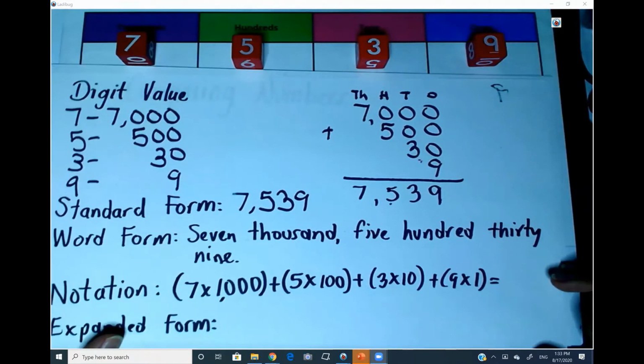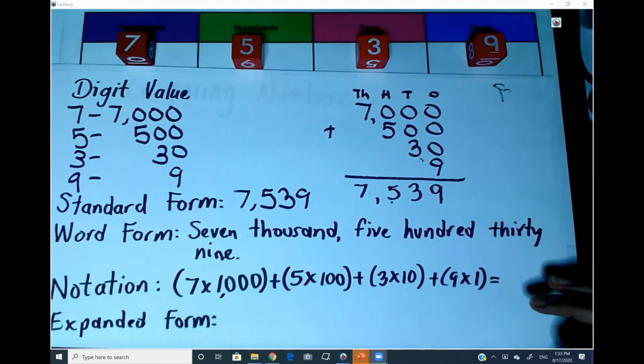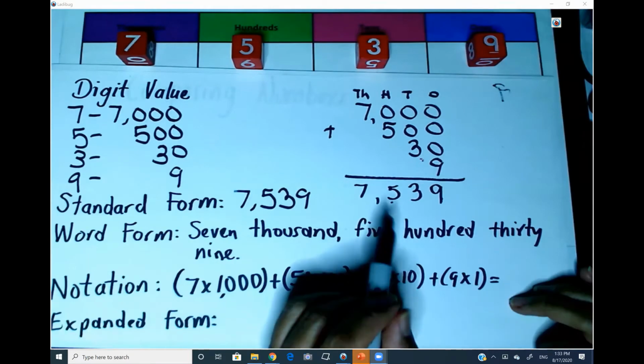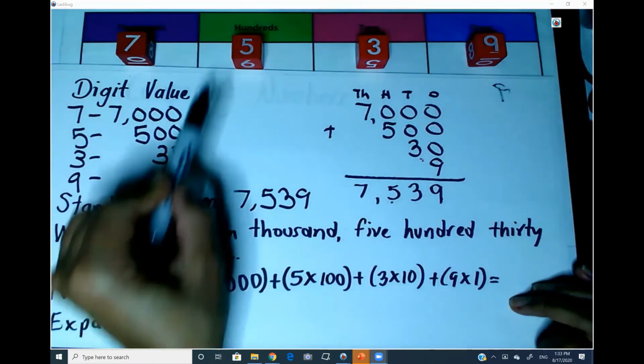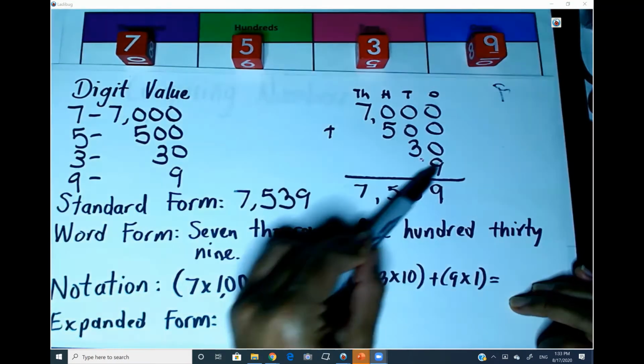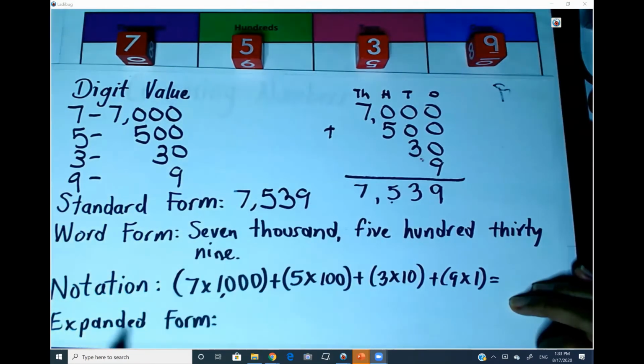Now, to do the next part, if you notice, I'm using the digits and the value of the place. Now I'm going to use the value of each digit to do my expanded form, which is the result of my notation too.